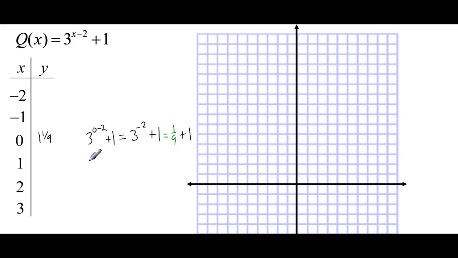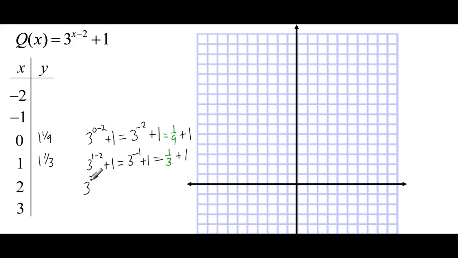If I plug in 1, I get 3 to the 1 minus 2 plus 1. That's 3 to the negative 1 plus 1. That's 1/3 plus 1. So again, that's a mixed number. That's 1 and 1/3.